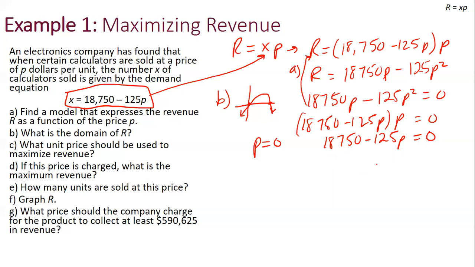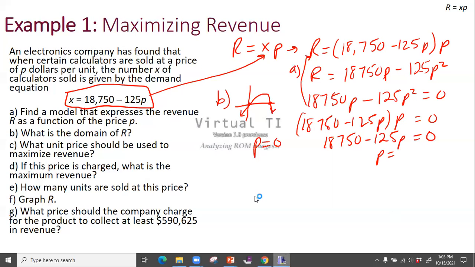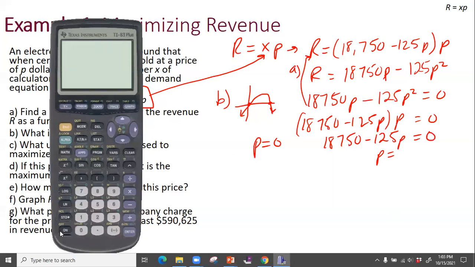Does that make sense? I'm going to grab my handy dandy calculator. So I don't know about you guys, but I'm not dividing that in my head. I would have to really concentrate. 18,750 divided by negative 125 gives us 150. So P equals 150.